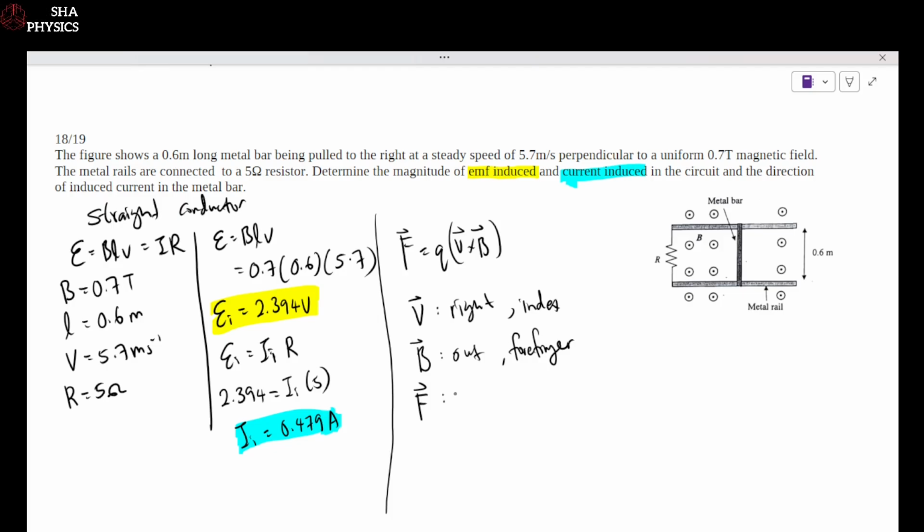So V is my index finger, B out of the page, my F is downwards, so that tells me that the direction of induced current is either downwards, or I can also say clockwise. Okay, all right.